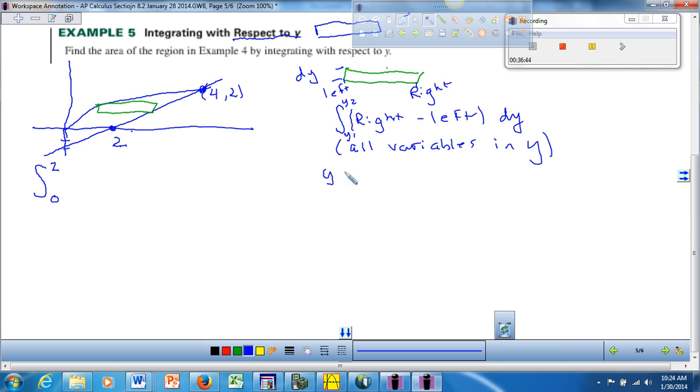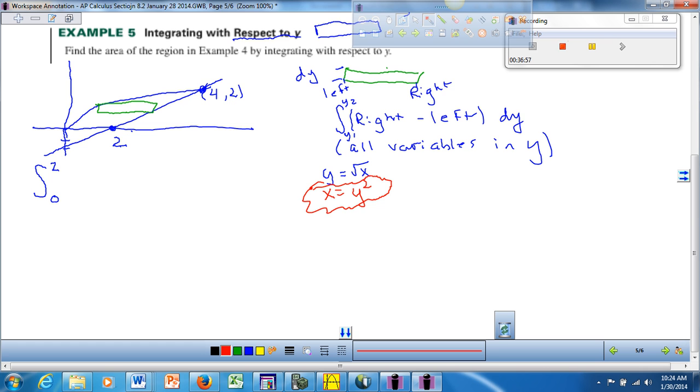All right, so to continue, we need to change our equations to be in terms of y. So we have y equals the square root of x. And now we will have x equals what? y squared. And I'm going to put a cloud around that because here is the most common error when we integrate in terms of y. Students set it up and they forget to change to be in terms of y.